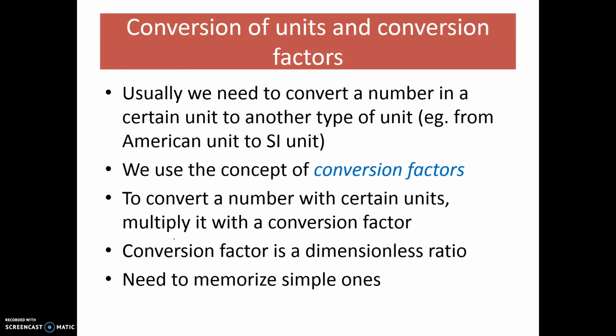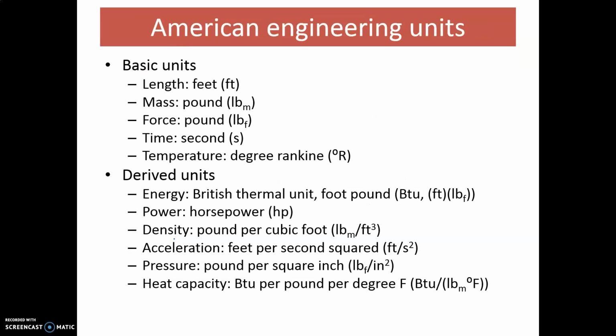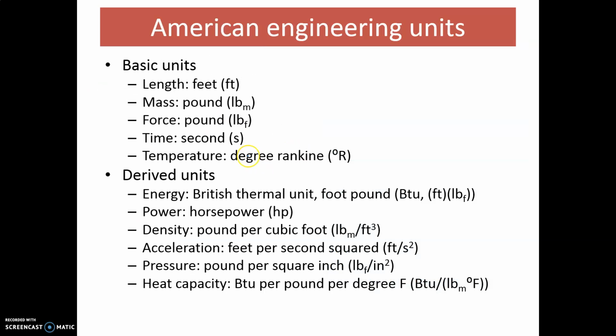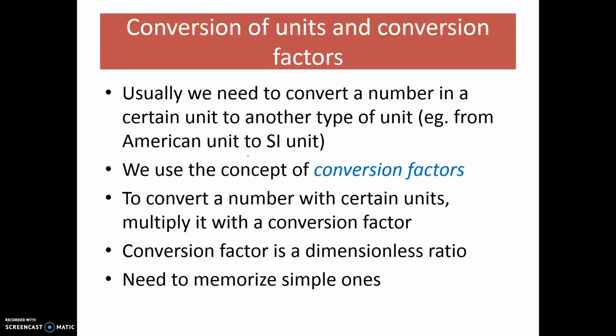For the American units, it is a bit different compared with SI units, because we don't have these prefixes. So if you want to change from one unit to another, you need a conversion factor. This can also be used to convert a number in a certain unit to another type of unit, for instance American units to SI units.